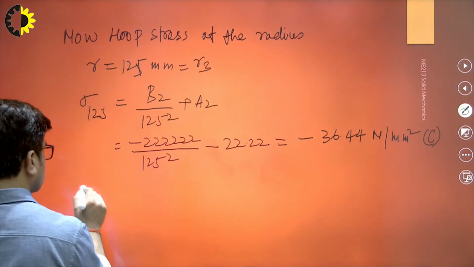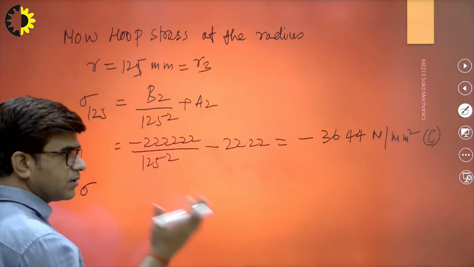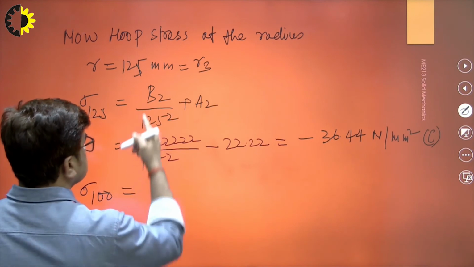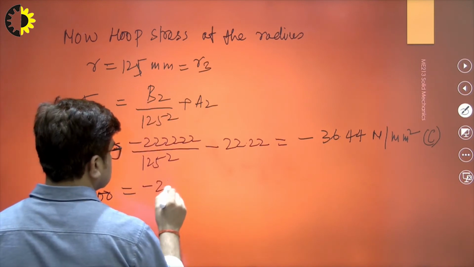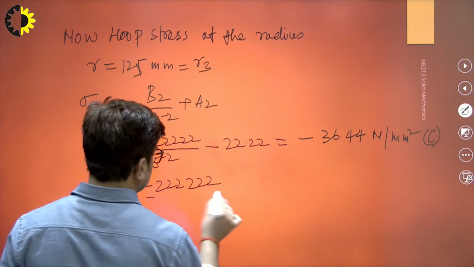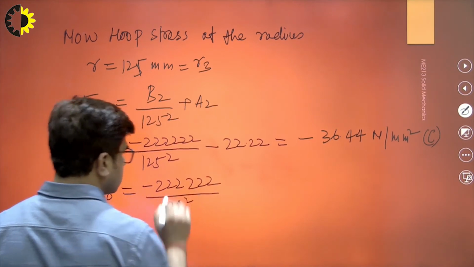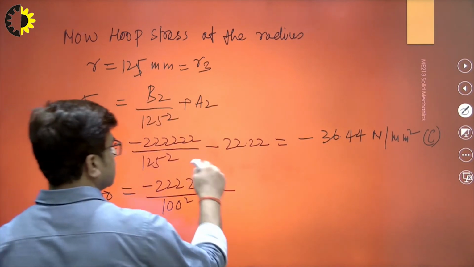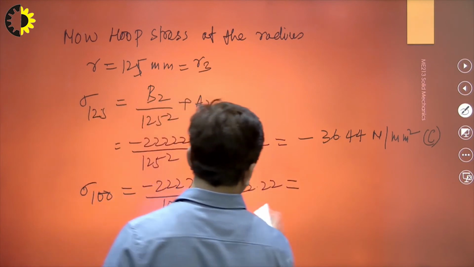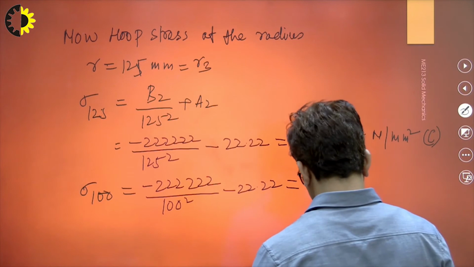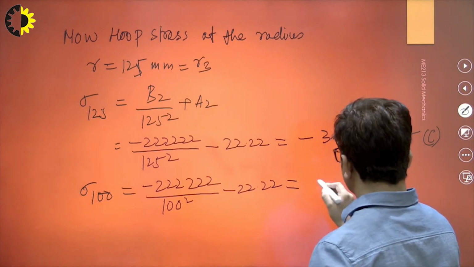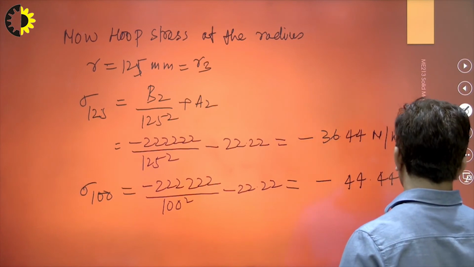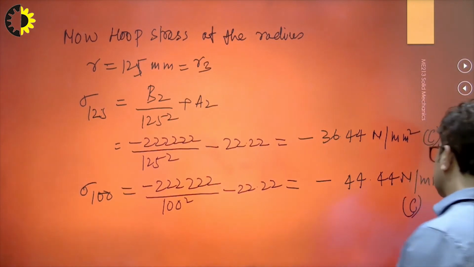Similarly, I can get hoop stress at the inner radius of the inner tube, means sigma at 100, and that is value of B2 as minus 222222 by 100 square minus, because the value of A2 is negative, 22.22, and this comes out as minus 44.44 Newton per mm square, and again this is compressive.